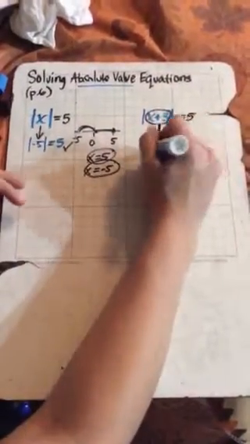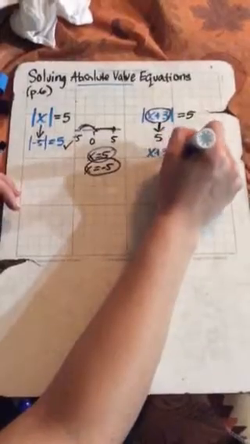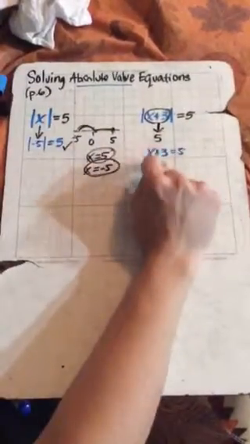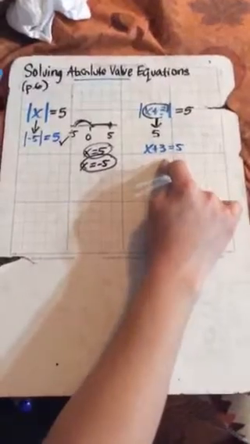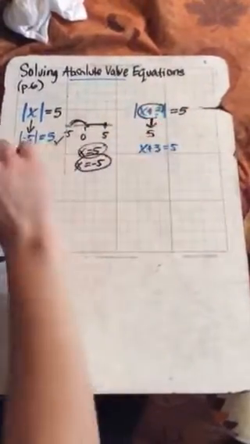So we're going to set that equal. We're going to say, okay, if all of this was 5, so x plus 3 equals 5. If all of that was 5, we're creating an equation. And then we're also going to say if all of that was equal to -5, that would be true.